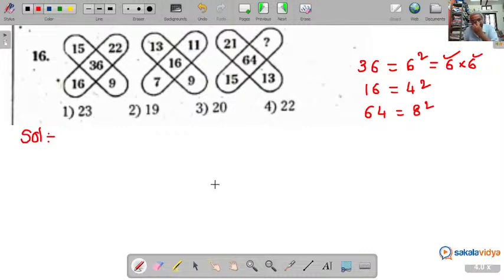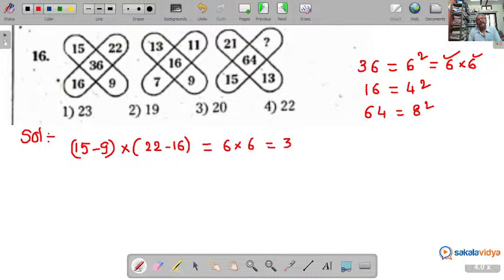Absolutely correct. So from the first figure we have: 15 minus 9 multiplied with 22 minus 16, that is equal to 6 into 6, 6 square, 36. Okay, satisfied. Now here 13 minus 9 is 4, and 11 minus 7 is also 4. 4 times 4, 16, absolutely correct.